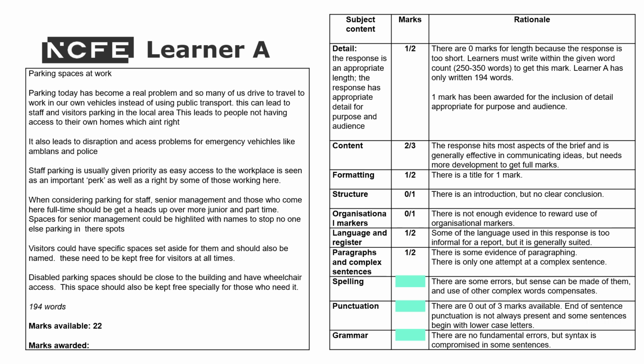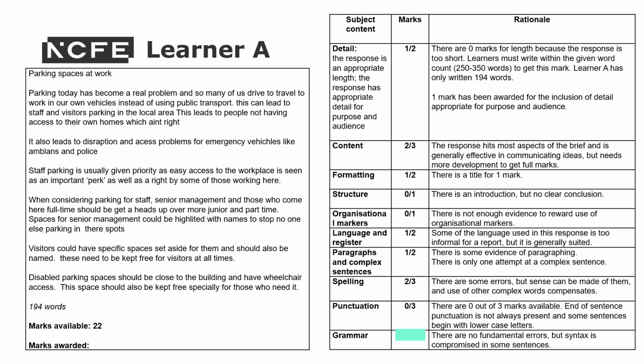Paragraphs and complex sentences scored 1 out of 2, so there is some evidence of paragraphing, but there's only 1 attempt at a complex sentence. For spelling, 2 out of 3, so there are some errors, but sentences can be made of them, and the use of other complex words compensate.